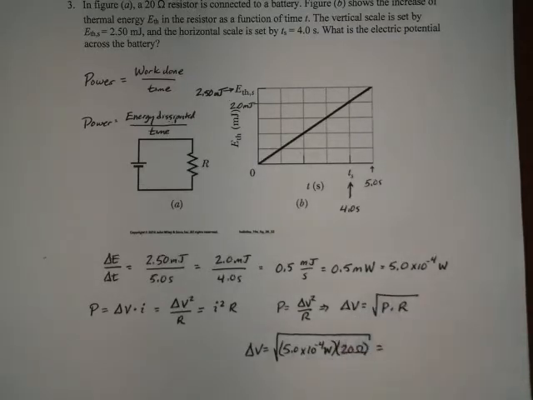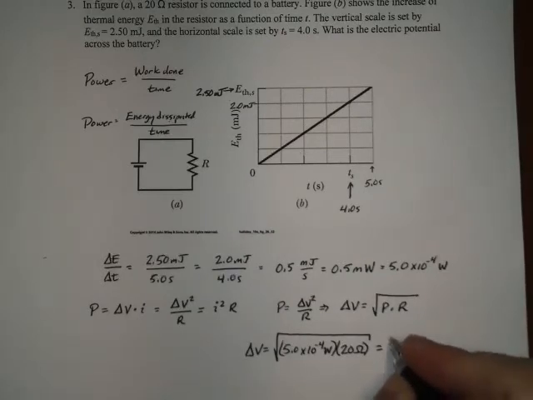If you punch that into the calculator, inside is 0.01. The square root of 0.01 is 0.1. So that would tell you that the voltage of the battery is just a tenth of a volt.